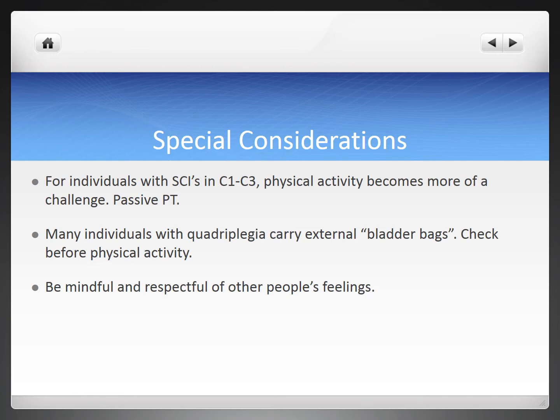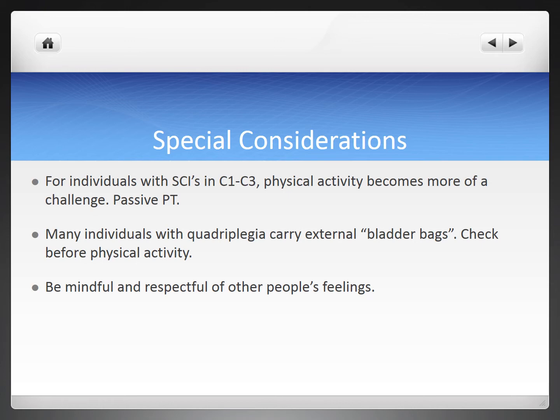A technique called passive physical therapy may be used. This is where the physical educator will physically move the client with quadriplegia, moving their arms and legs to help circulate oxygenated blood through their body. This will prevent muscles from atrophying and prevent pressure sores from developing.